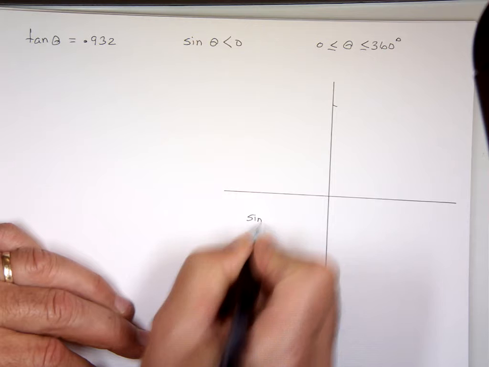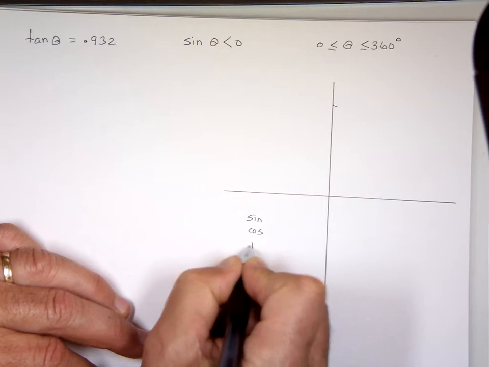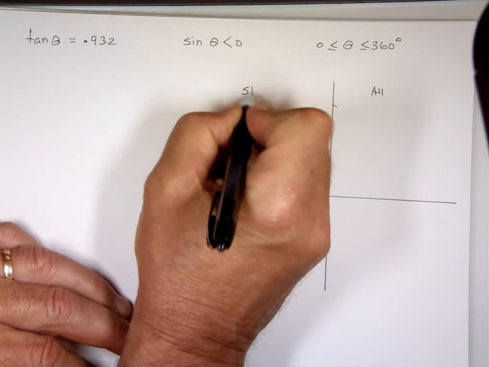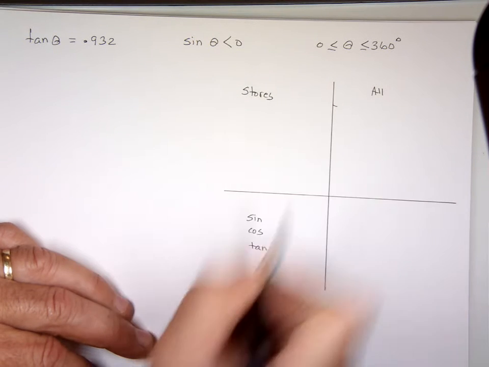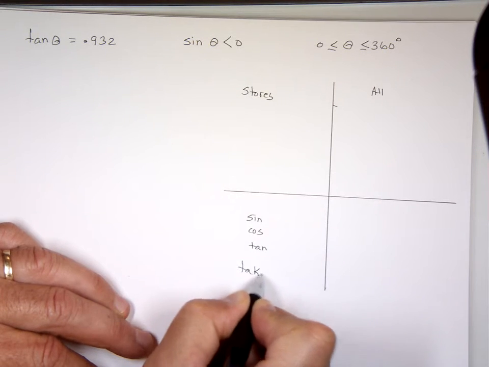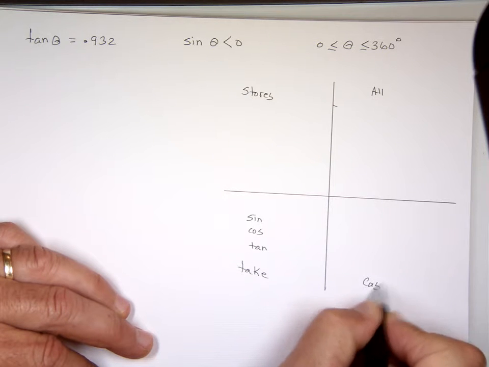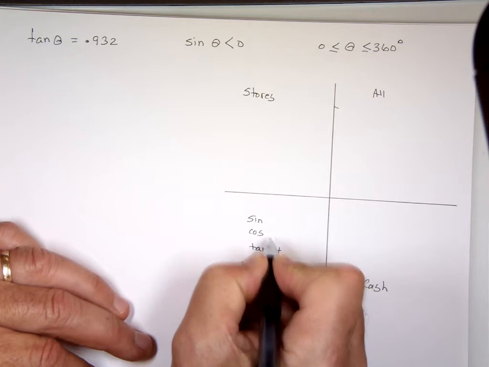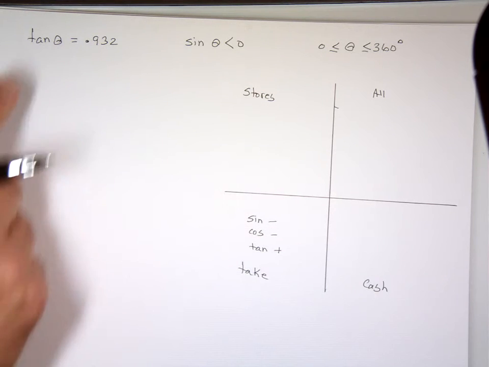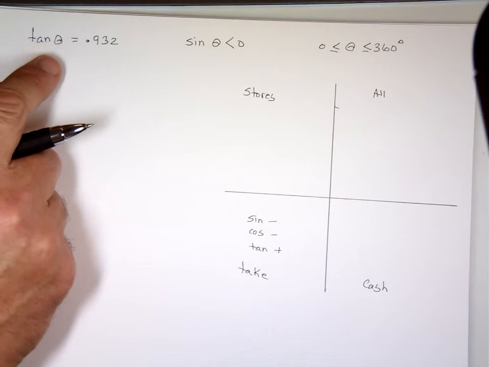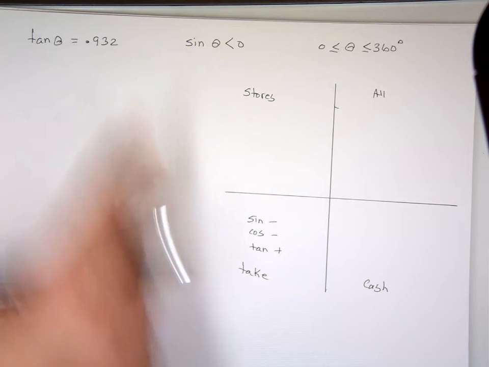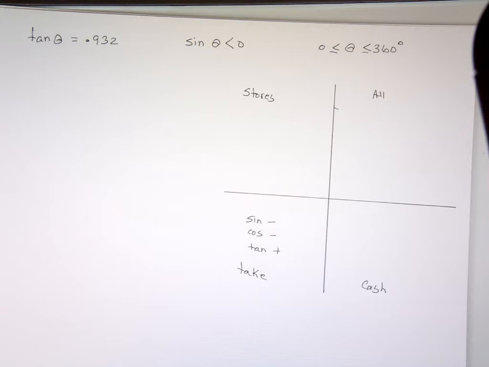Sine, cosine, tangent: All Stores Take Cash. Only the sine is positive in one quadrant and these two are negative. The question is, find the angle where the tangent is positive and the sine is negative. We pinpoint that to quadrant number 3.